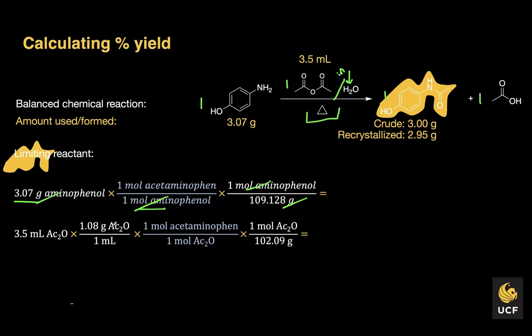And the density of acetic anhydride is 1.08 grams per milliliter, right? This is the density. And then milliliters would cancel out milliliters. Well, now we end up with grams, and it's a 1-to-1 molar ratio, and then we take its molecular weight, and then grams cancels out grams, moles cancels out moles, and then you end up with the moles of acetaminophen, right?